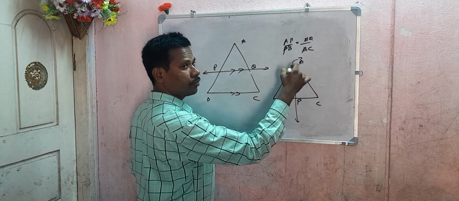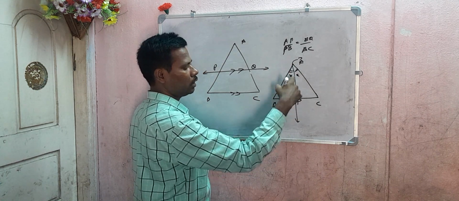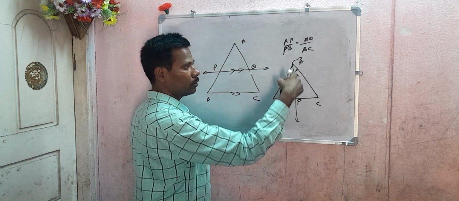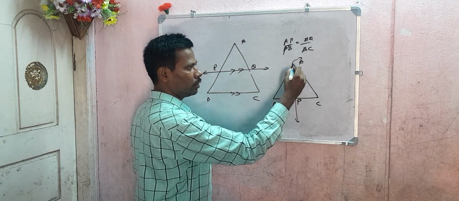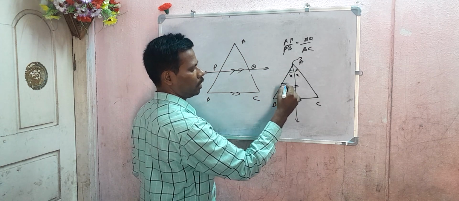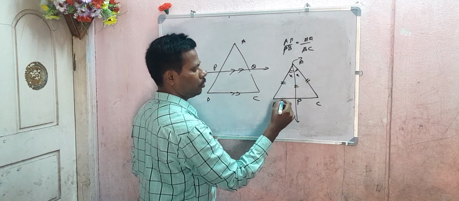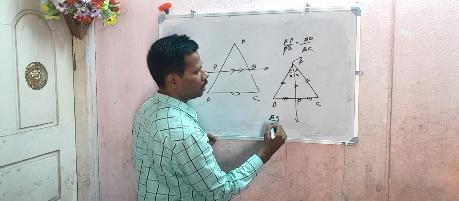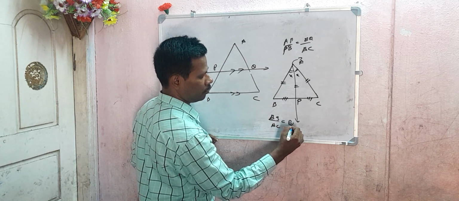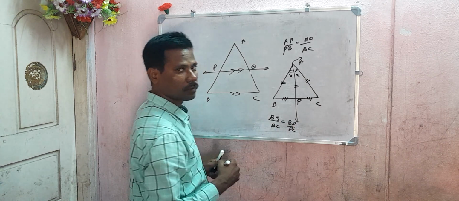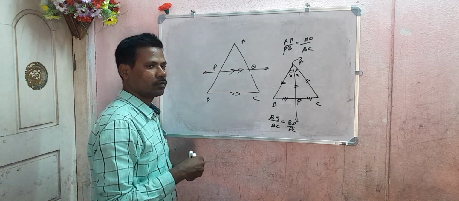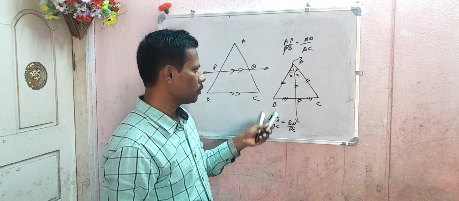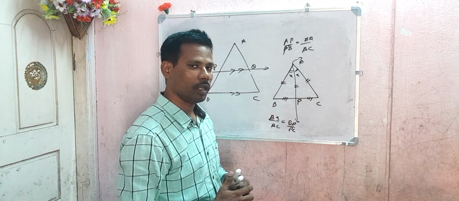That means if it is the bisector of the vertical angle, then it divides the other two sides in the same ratio. So AB by AC is equal to BP by PC. And the converse of this also we have learned.